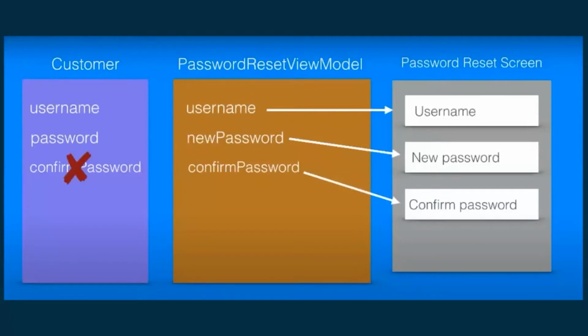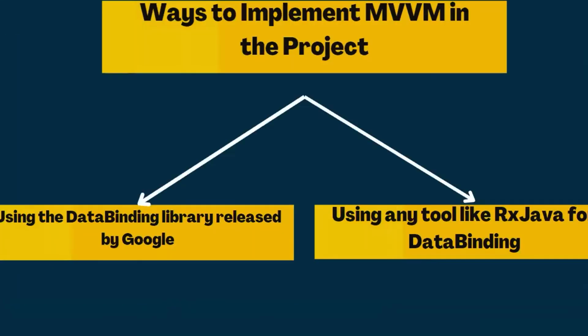Now there are two ways by which we can implement MVVM in a project. We'll see it soon while developing the project in our camp. First is using the data binding library developed by Google, and second is RxJava. We'll be using the data binding library.